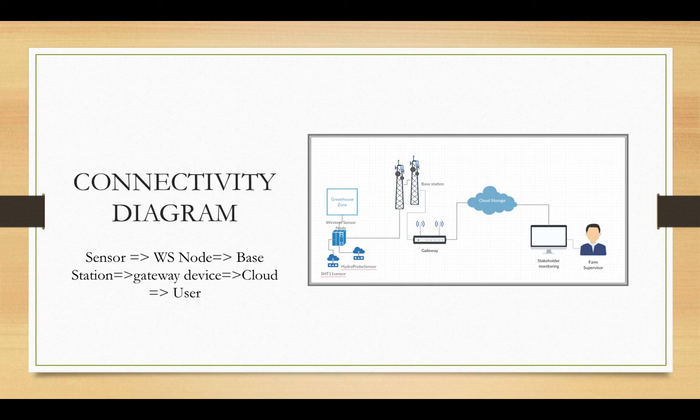Once the data is collected from the greenhouse zone, it is transmitted directly to the base station. The base station then transfers the data to the gateway, and through the gateway it goes into the cloud storage. So here is our data, which is accessible all the time through the farm supervisor, who is the user in this case.